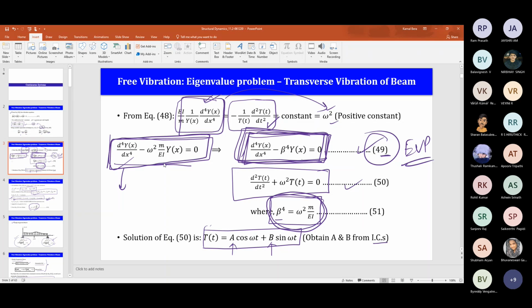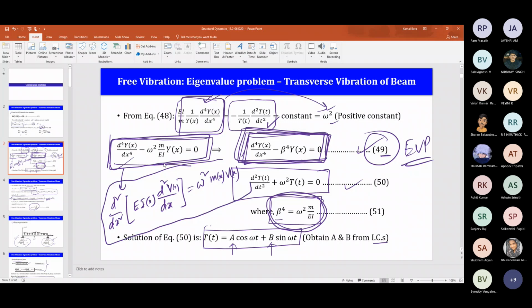So in general I will write d2 by dx2 of EI(x) d2v by dx2 equals omega squared m(x) v(x), where the mass is also varying. This is my eigenvalue problem. Am I right or wrong? Please remember, I am now using v instead of y.